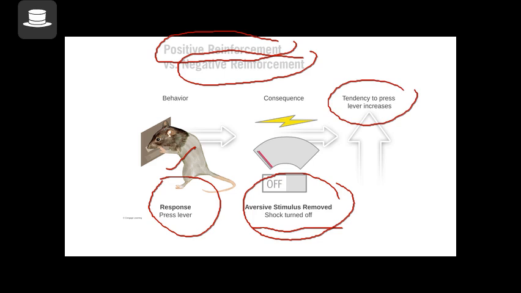So the rat can learn to press the lever if that behavior of pressing the lever is followed either by an addition of a rewarding stimulus or by removal of a negative stimulus. In the first case, it's called positive reinforcement. In the second case, it's called negative reinforcement.